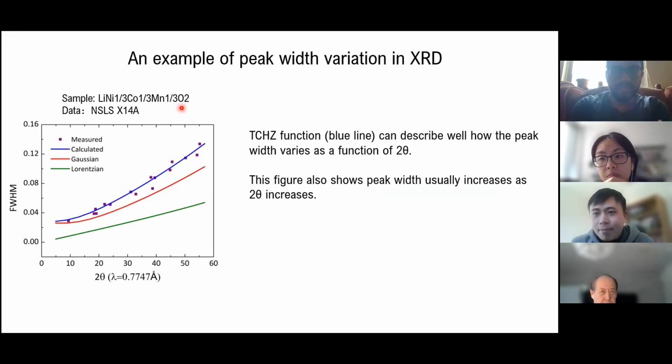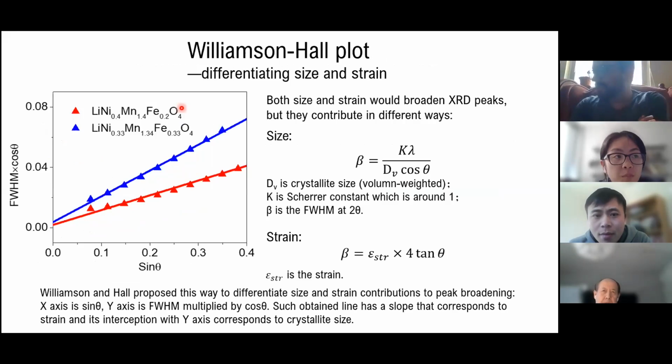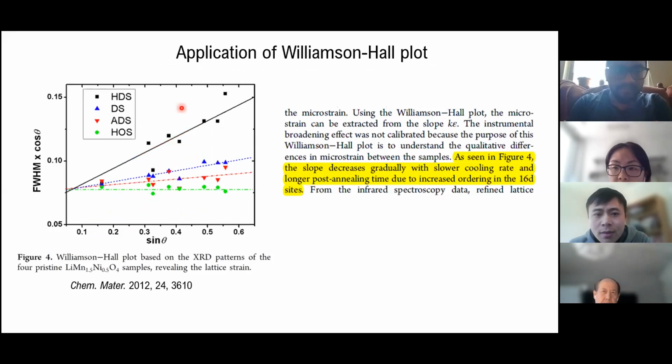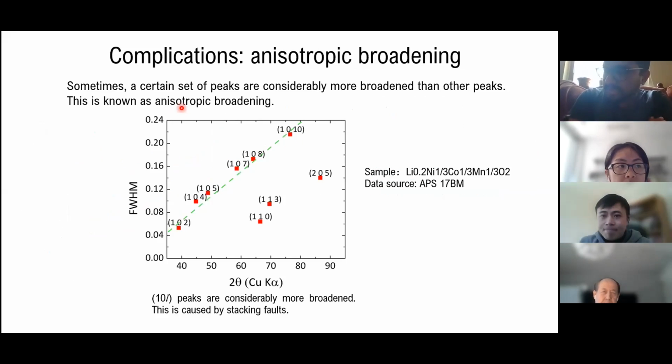Okay. I have just one more question about correlating the peak shape with the presence of defects. In general, this anisotropic broadening has in some cases been attributed to stacking faults.